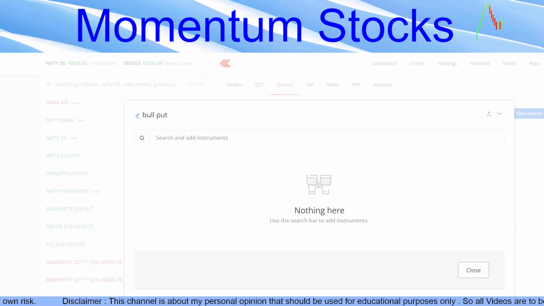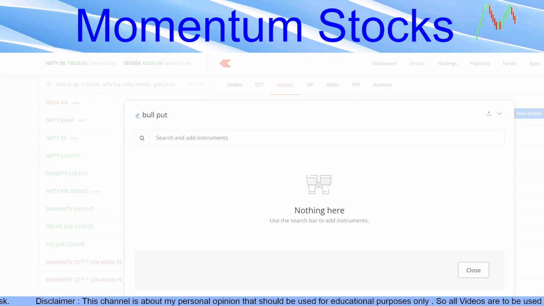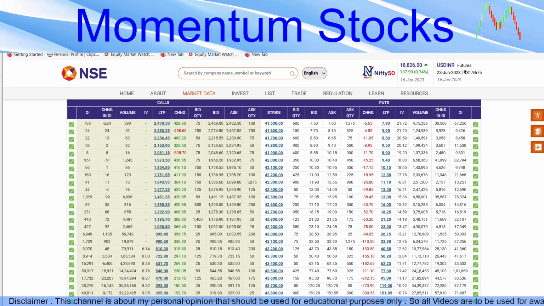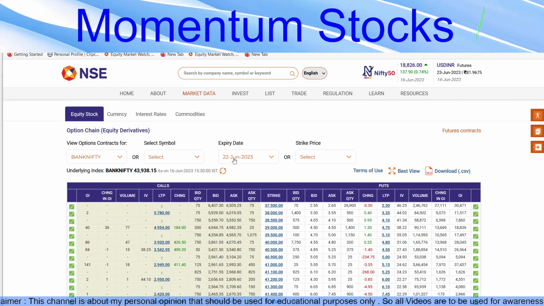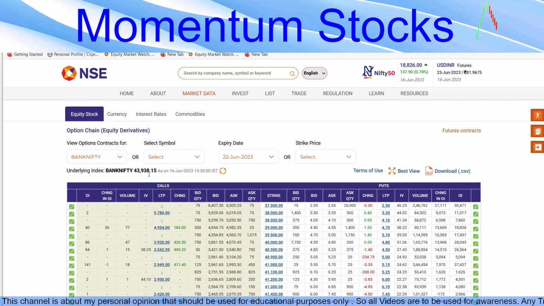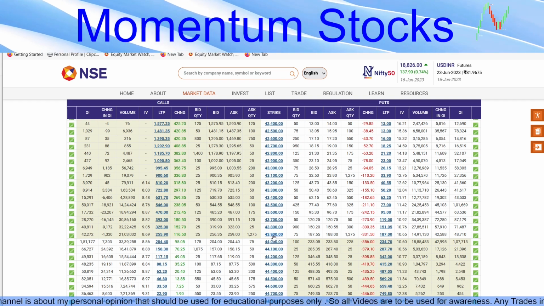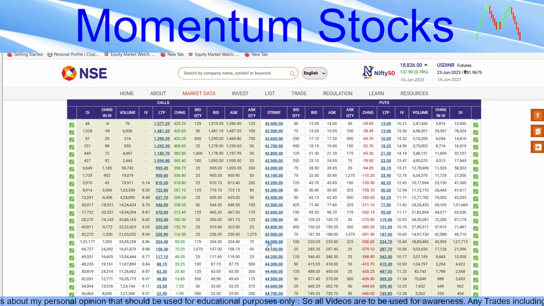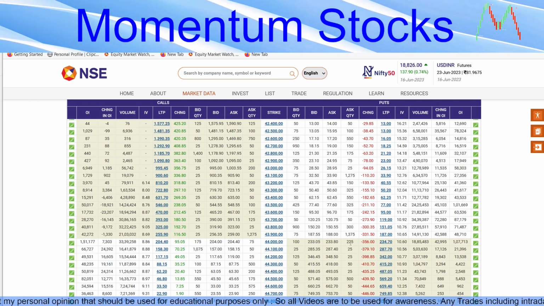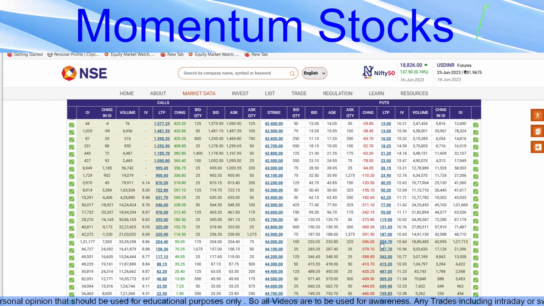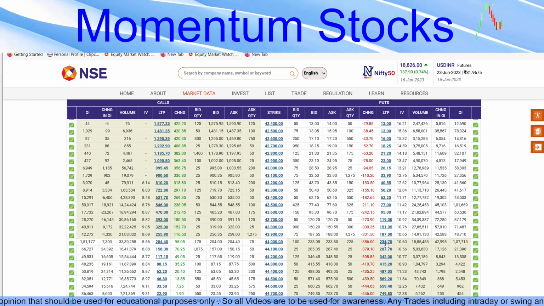Now let me pull up the option chain for Bank Nifty. Now we are looking at the 22nd June expiry Bank Nifty option chain. Okay, so this is the 44,000 put option, which is currently at 234 rupees.